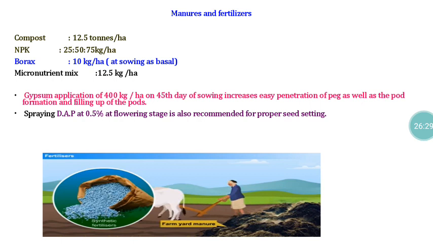In that way, keeping quality and oil quality will be good. For that purpose, the oilseed crop should be given sulfur. Calcium sulfate has calcium as well as sulfur. That calcium also plays a major role as far as groundnut is concerned, which we will discuss in later slides. So 400 kg per hectare of gypsum we have to apply.